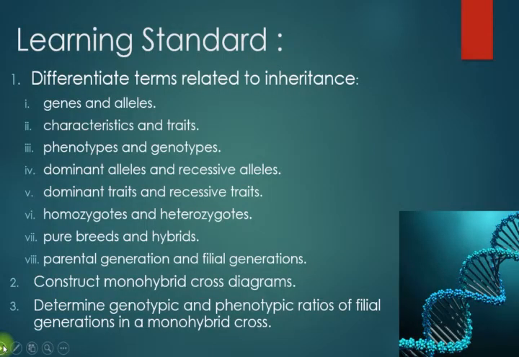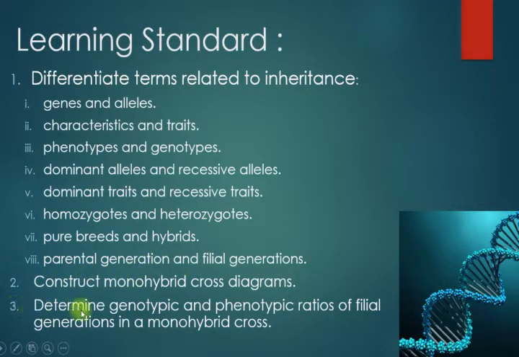Okay, let's go to the learning standards that you are going to cover for today. Number 1, differentiate terms related to inheritance. These are the terms that you have to understand. Number 2, construct a monohybrid cross diagram, or the schematic diagram of the monohybrid cross.